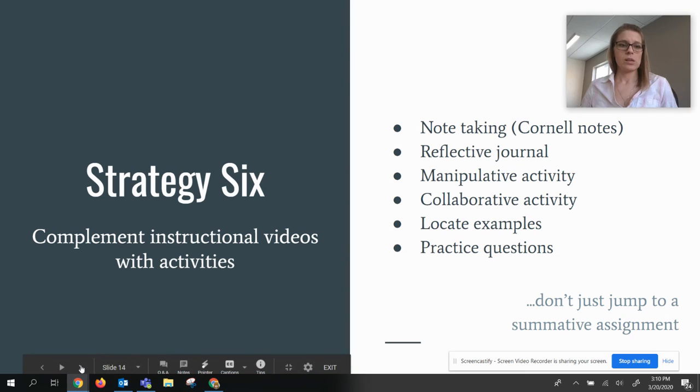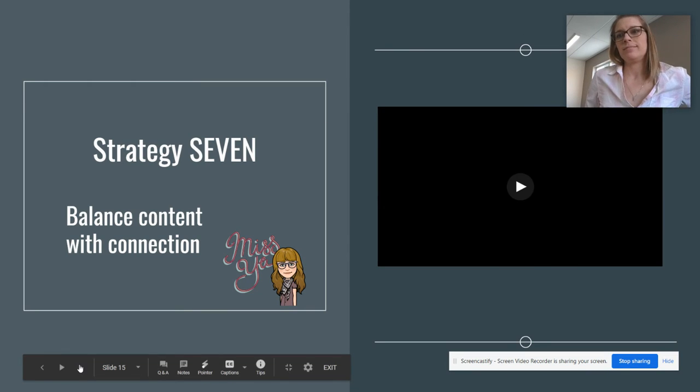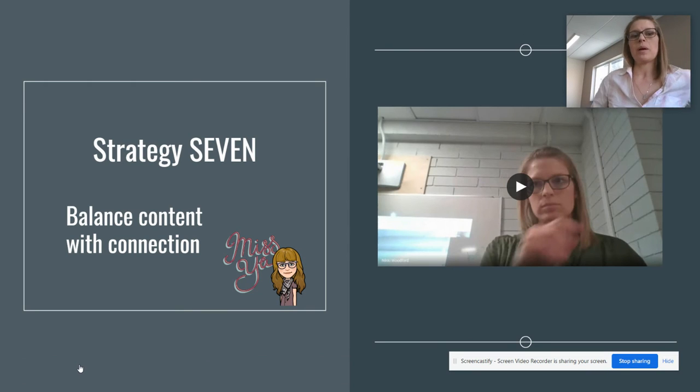And then strategy 7, please remember to balance content with connection. Yes, our focus as teachers is curriculum, and it's supposed to be curriculum. However, your kids need to see you.